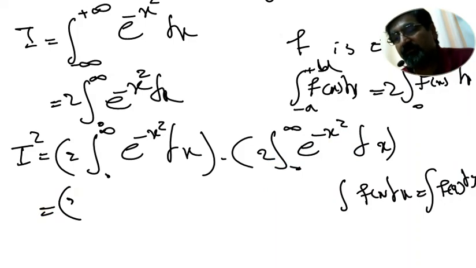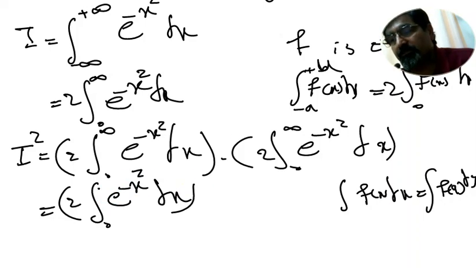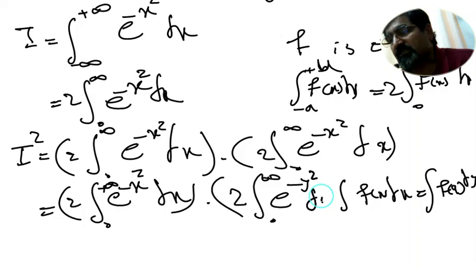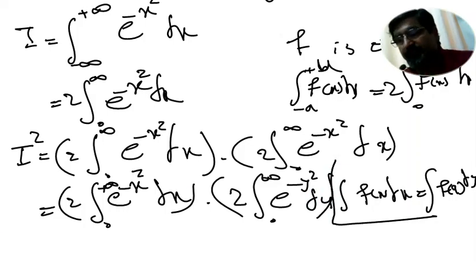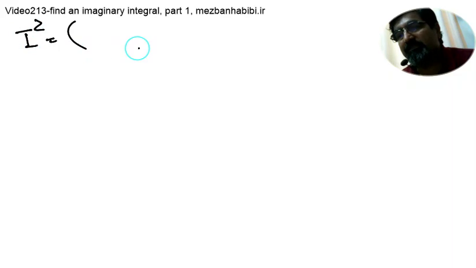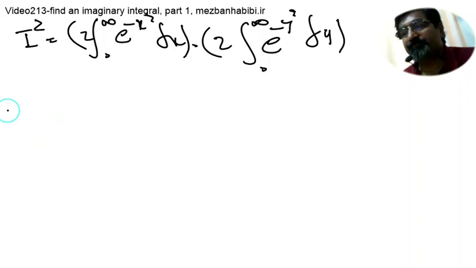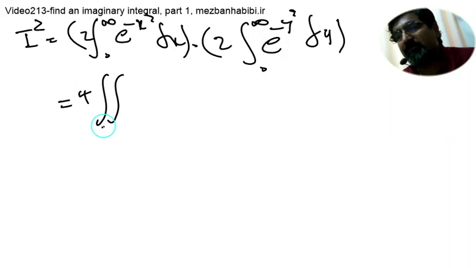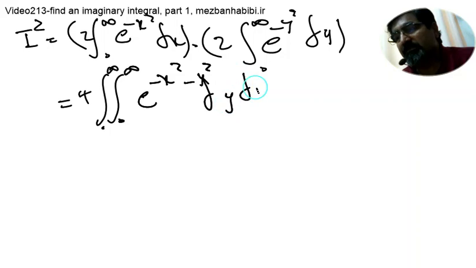We have 2 times the integral of e raised to minus x squared dx from 0 to infinity, multiplied by the integral from 0 to infinity of e to the minus y squared dy. So I squared is 4 times the double integral of e to the minus x squared minus y squared dy dx.